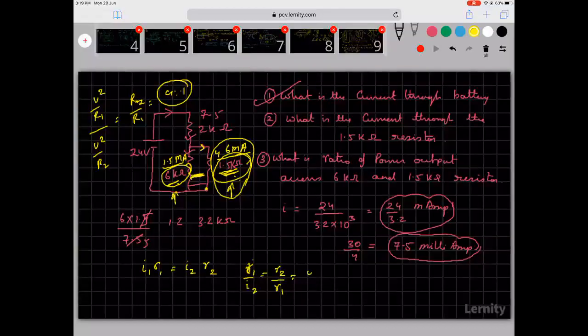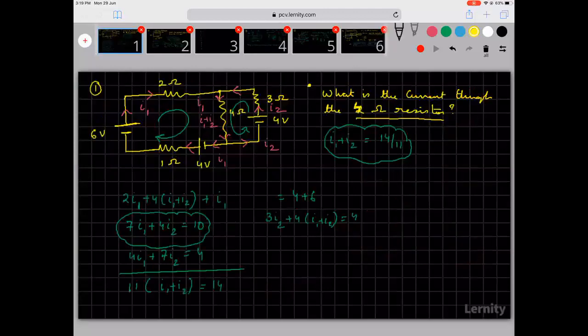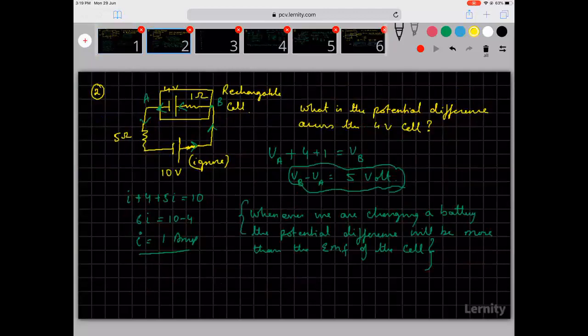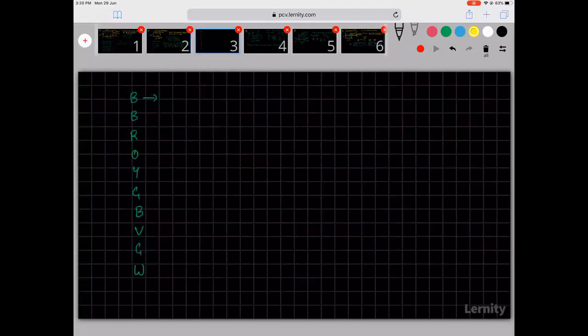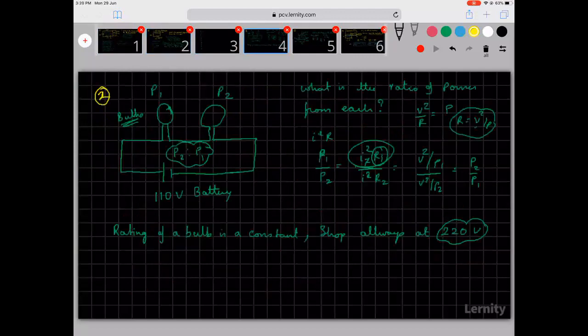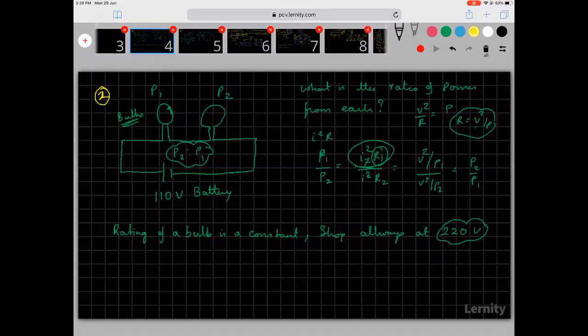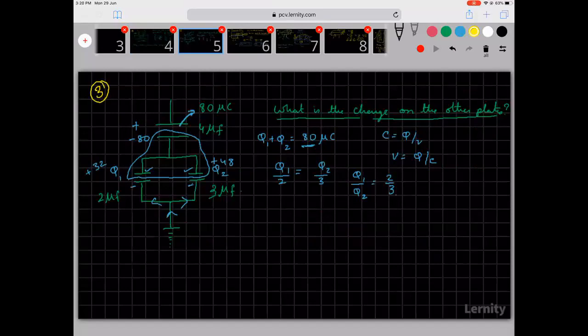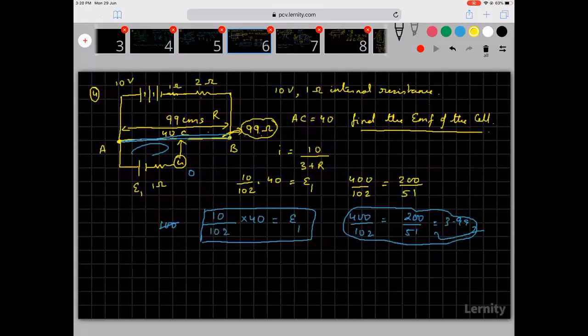Here is the first slide. Here is the second slide. Here is the third one. Fourth one. Fifth one.